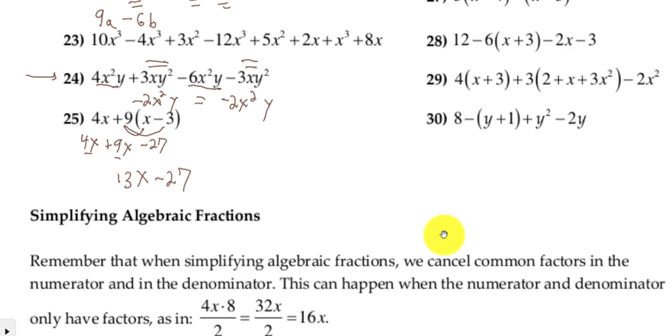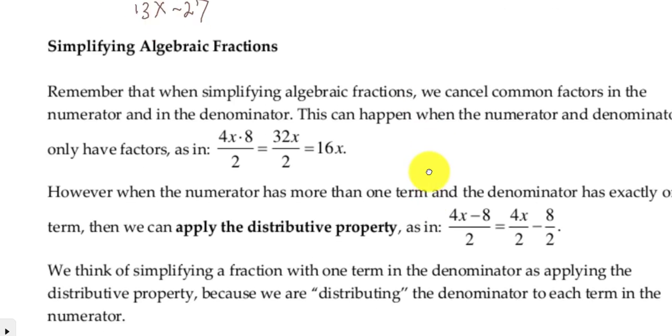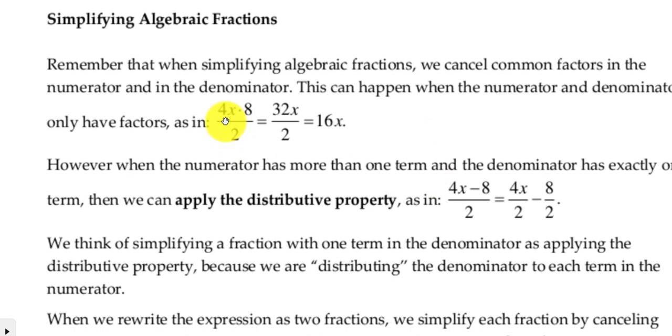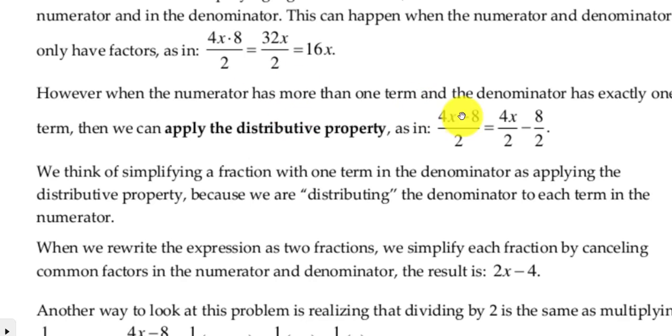Okay, there's one more type of problem I want you to look at, simplifying algebraic fractions. So if I had 4x times 8 over 2, I could write 32x over 2 to get 16x. But what if I have more than one term in the numerator, right? This 4x minus 8, it says I can distribute the 2 to each part of the numerator, or to each term.